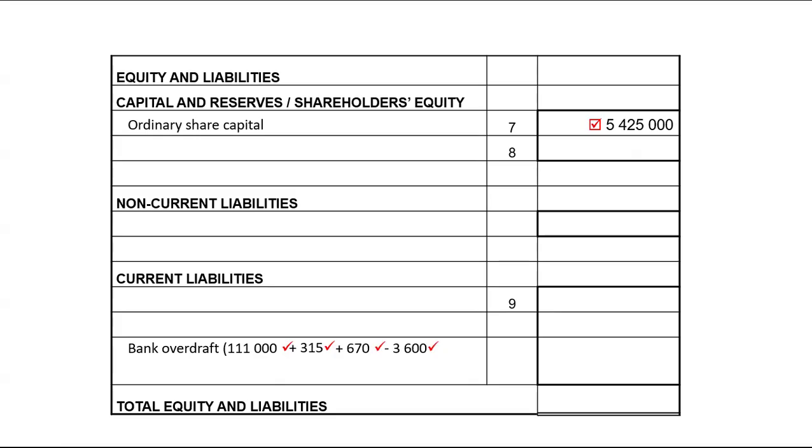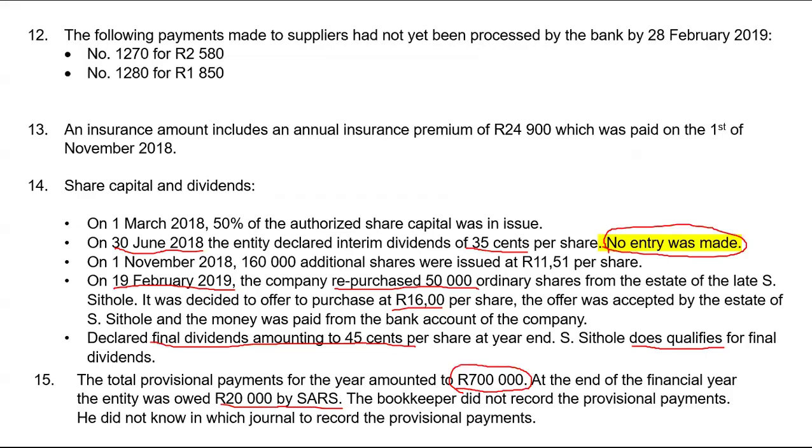Those payments that did not go through, we have to add them back into our bank account. But because we don't have a positive balance, they will reduce the bank overdraft. When it comes to the repurchase of shares, they said the money was paid from the bank account of the company.